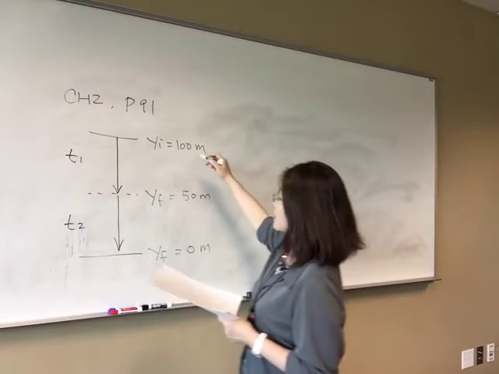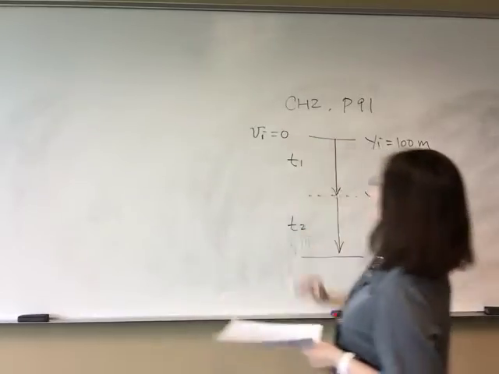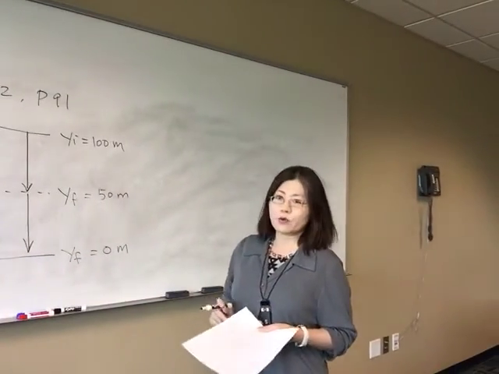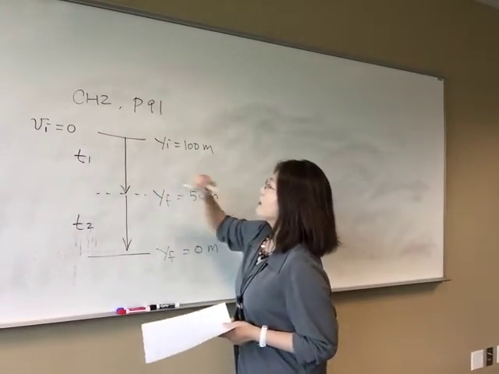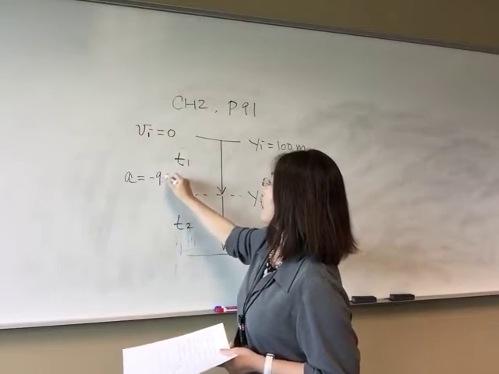So let me just write it here. The initial velocity at this point, because it's dropped and undergoes free fall, is 0 meters per second. So you're going to find T1, and the acceleration it experiences is negative g, so negative 9.8 meters per second squared.